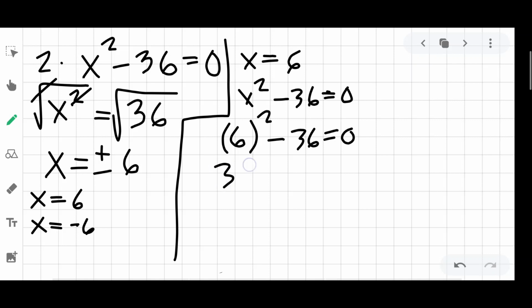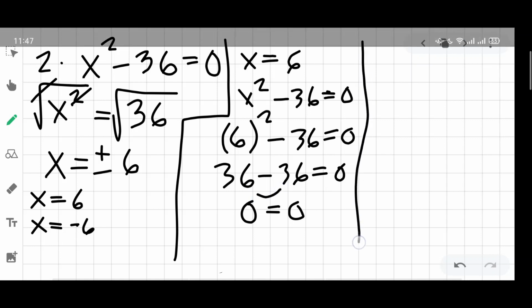Bring down negative 36 equals 0. 36 minus 36, the answer is 0. Then bring down equals 0. Since equal sila, therefore, our first answer is correct.